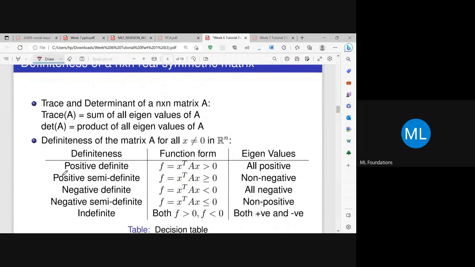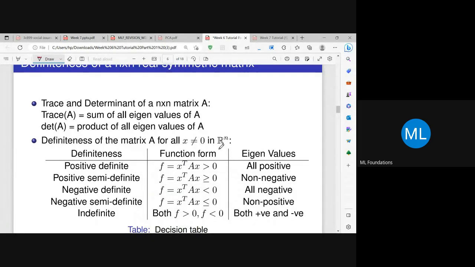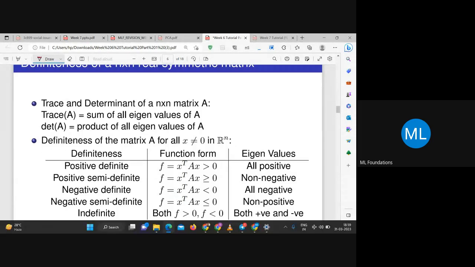For the positive definite matrices, do you know how the curve looks for positive definite and positive semi-definite, or maybe the negative definite?